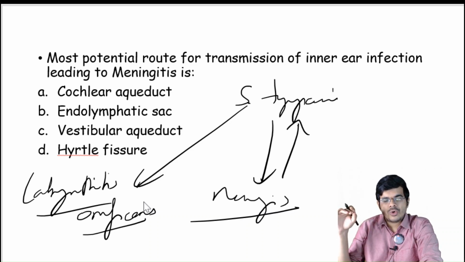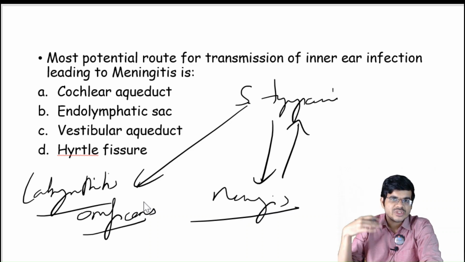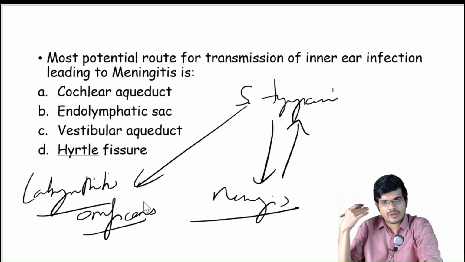Okay, so that's important, and vice versa can also occur. The infection coming from the inner ear can spread to the meninges and cause meningitis. Meningitis can result in labyrinthitis ossificans, and inner ear infection can result in meningitis.